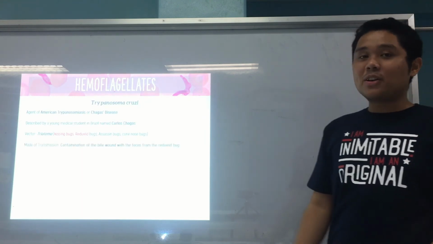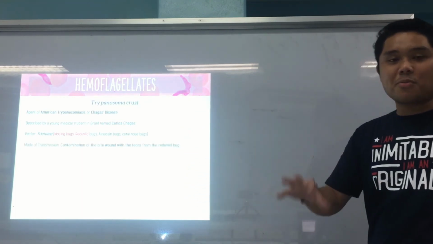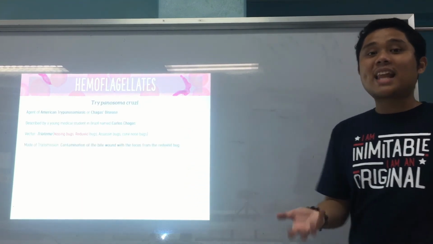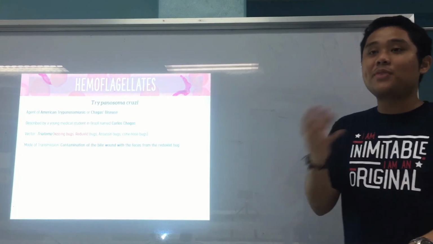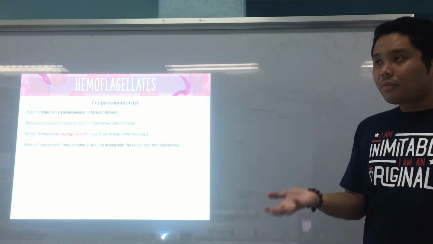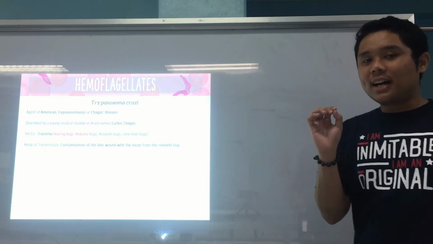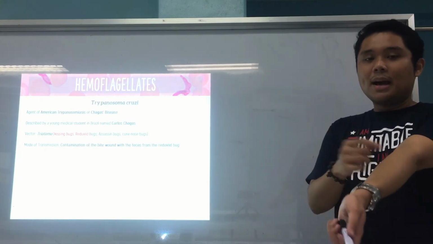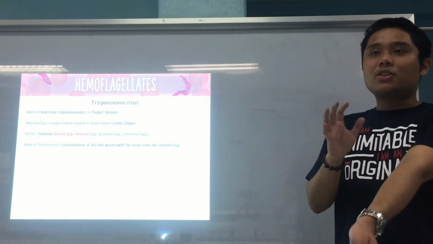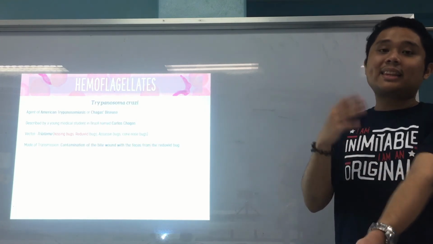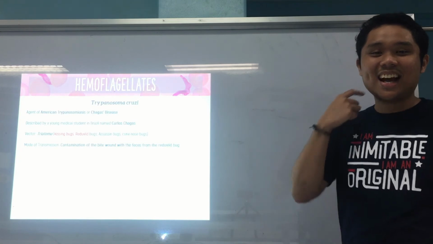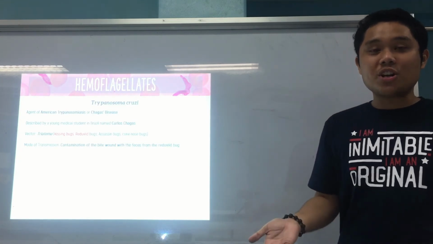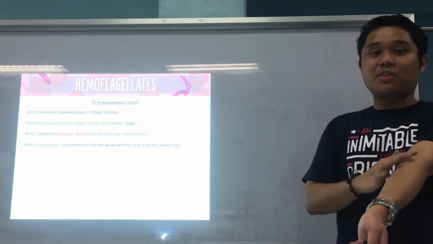Okay, the mode of transmission, very unique and different from your other hemoflagellates, is contamination of the bite wound with the feces of the triatoma bug. During feeding, when it bites you, it defecates. The triatoma bug, while it feeds on you, also defecates on the surface of the skin.